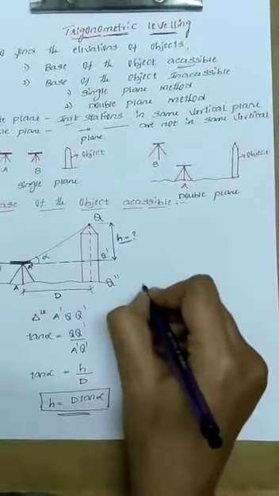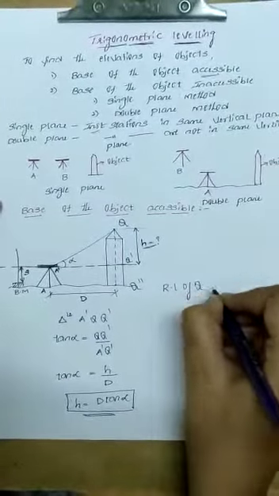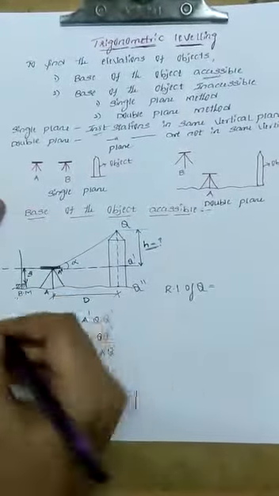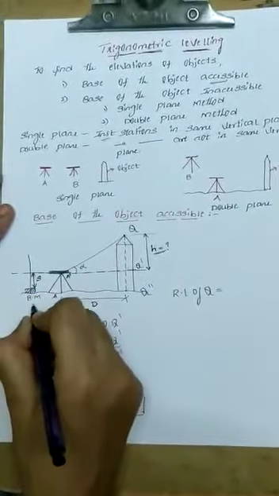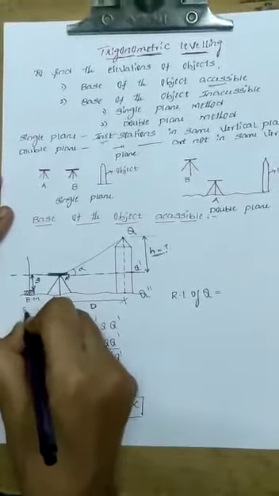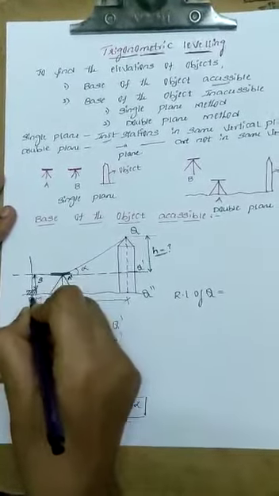In order to calculate the RL of the elevated object Q, you will be knowing the RL of the benchmark. The permanent benchmark value is given in the problem, and you consider the staff reading.